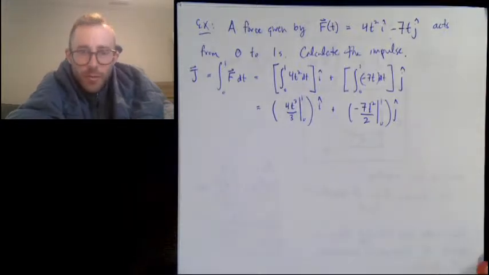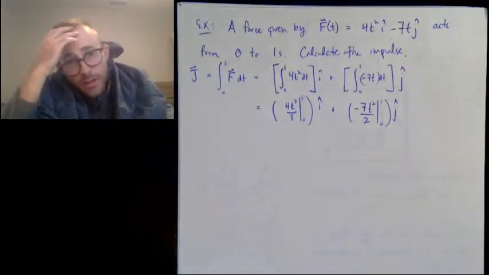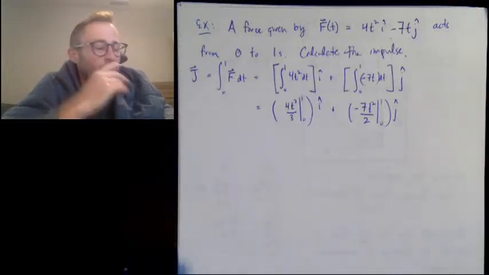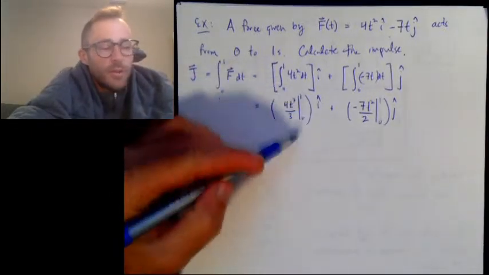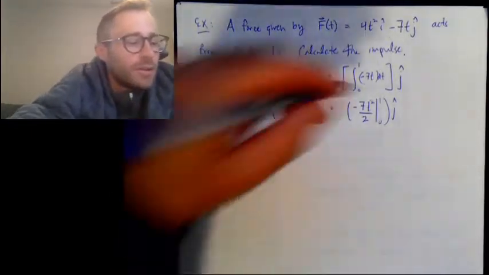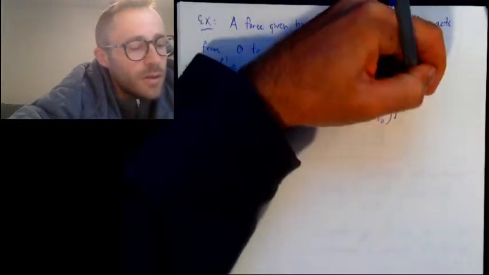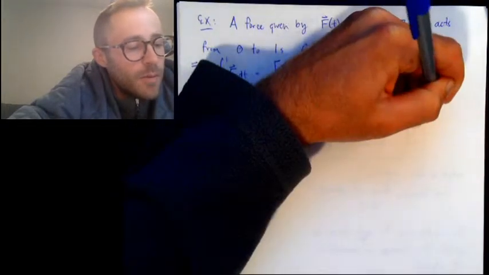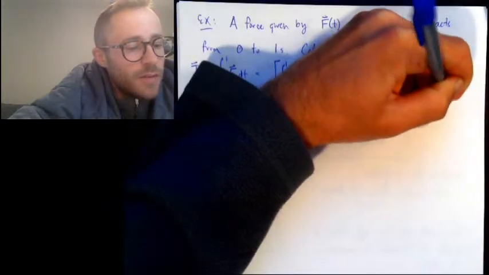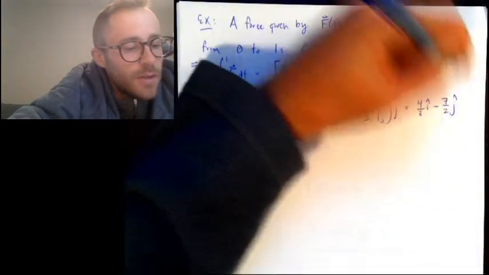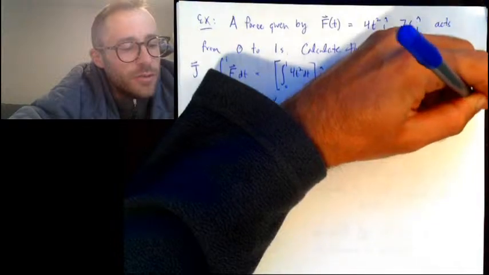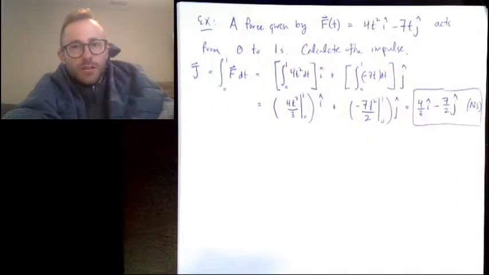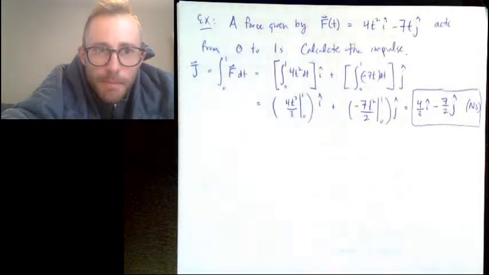And then remember when we do definite integrals, we plug in the top number and we plug in the bottom number and we subtract them. So this ends up being 4/3 i hat minus 7/2 j hat, and that's measured in Newton seconds. So this is our answer, and we could put that into decimals if we wanted to.